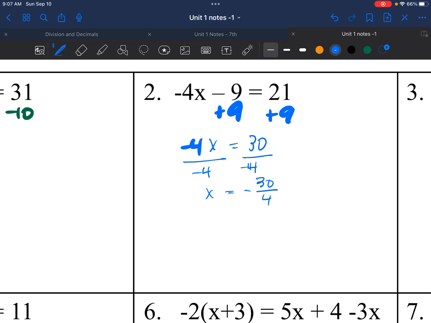We can also simplify this into x is equal to negative 15/2. I think that leaving it as a fraction like this when it's not a perfect division problem is completely fine. Please do not feel like you have to find the exact decimal for every fraction. Setting it up like this is a completely reasonable answer. Box it and walk away.